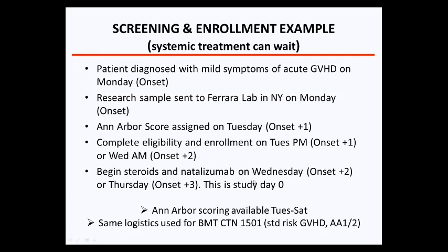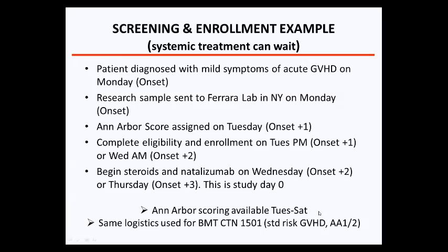Begin the steroids and the natalizumab that day on Wednesday, onset +2, or the Thursday. This allows you, if it's an outpatient, to call the patient. So Thursday, you're still onset +3, still good to go. And this becomes study day 0 because it's the day that you start the study drug. I'm saying that because sometimes it's confusing with the day of the onset of GVHD.